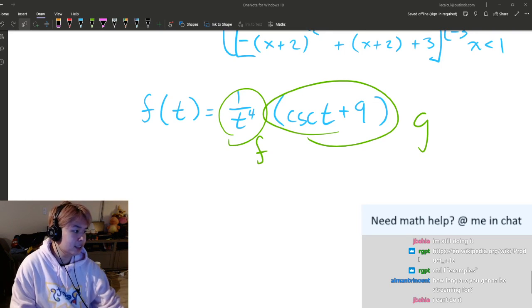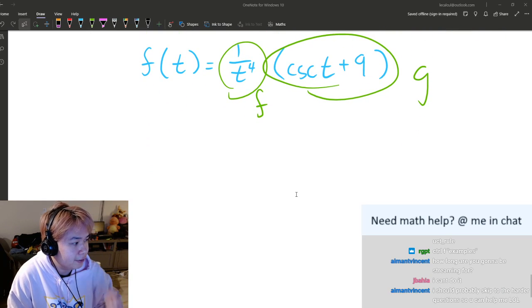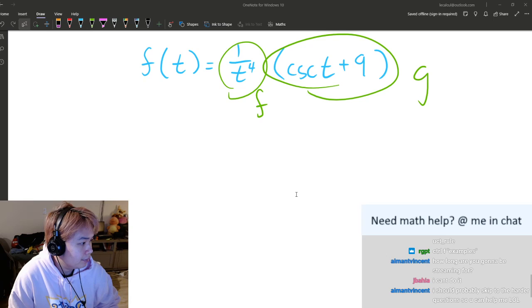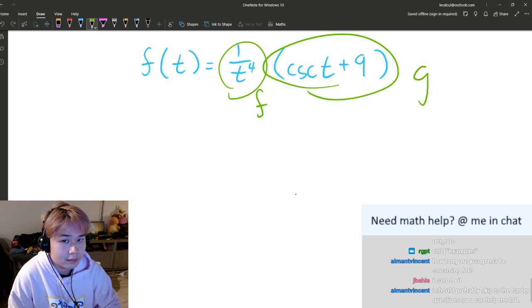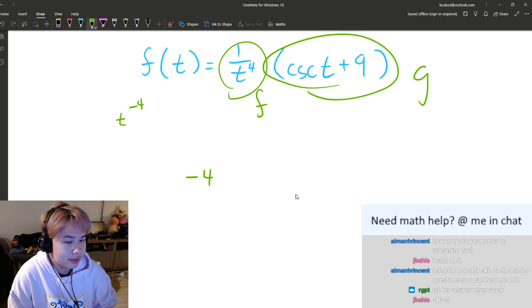Okay, what's the derivative of 1 over t to the power of 4? So this is t to the power negative 4. So then take the derivative. That's going to be a coefficient of negative 4, t to the power negative 5.